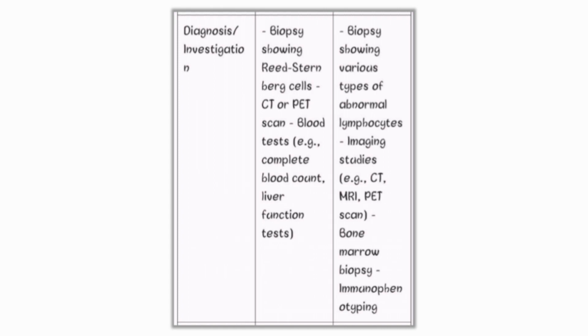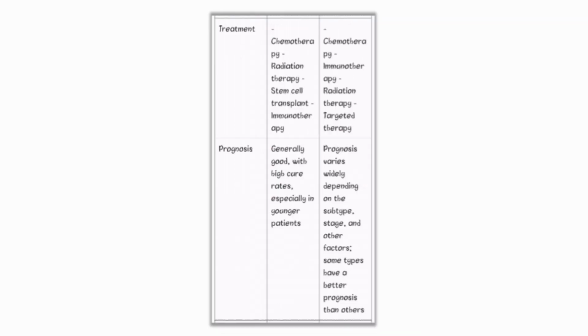Hodgkin's lymphoma is diagnosed in early stages, while the non-Hodgkin's lymphoma is diagnosed in the later stages. Now let's discuss the treatment. Hodgkin's lymphoma's treatment typically involves chemotherapy, radiation therapy, stem cell transplant, and immunotherapy. While in case of non-Hodgkin's lymphoma, treatment may include chemotherapy, immunotherapy, radiation therapy, and targeted therapy.